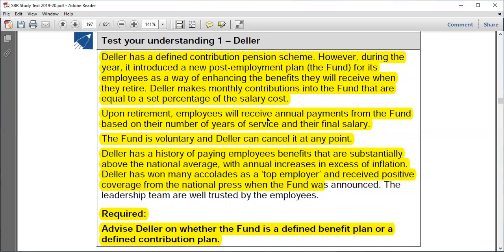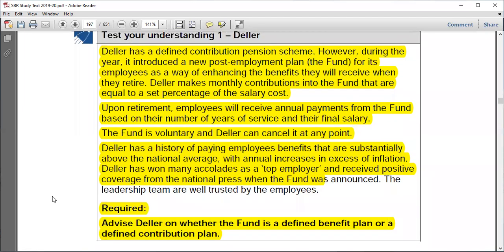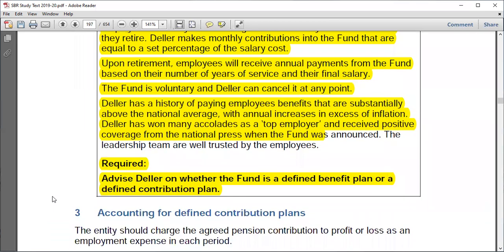Upon retirement, employees will receive annual payments from the fund based on their number of years of service and their final salary. The fund is voluntary, and Della can cancel it at any moment that it decides. But also, we are told that Della has a history of paying employees benefits that are substantially above the national average. So you see that normally Della pays employees above the national average.